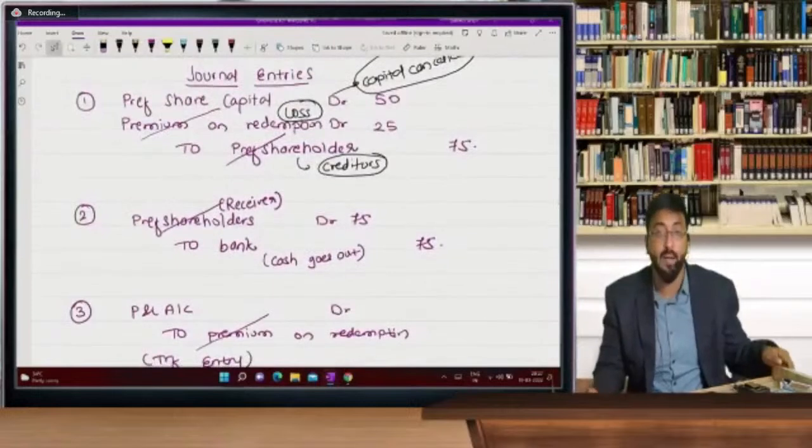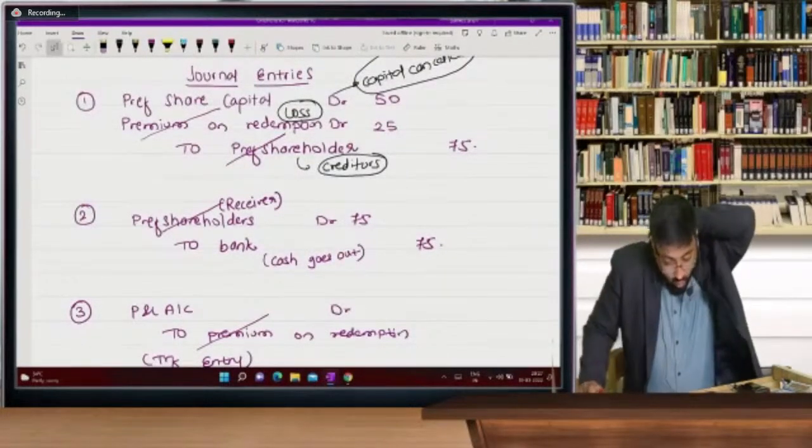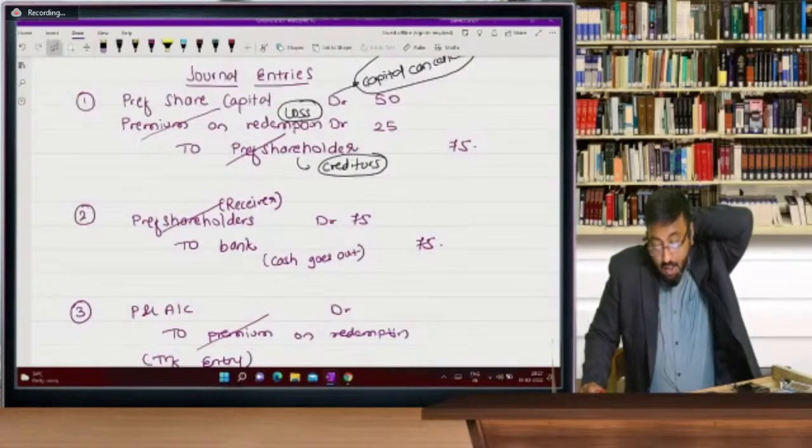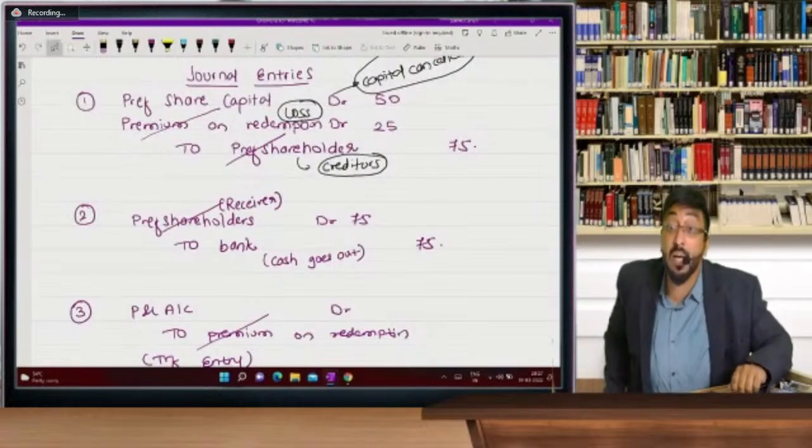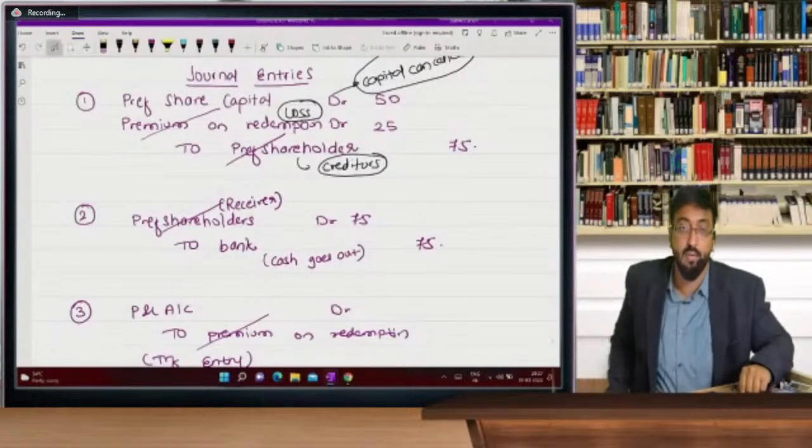One more time. So please write these entries in the notebook. Preference share capital account debit 50. Premium on redemption loss 25 to preference shareholder 75.